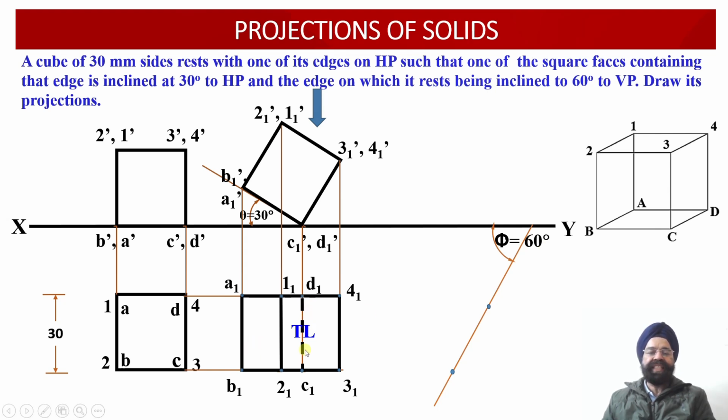So this distance C1, D1 we have marked along this 60 degree orientation of angle phi over here. Now having marked this distance C2, D2 over here, we know that these two edges are perpendicular to C1, D1. So please check. B1, 3, 1 and A1, 4, 1, these two edges are perpendicular to C1, D1.